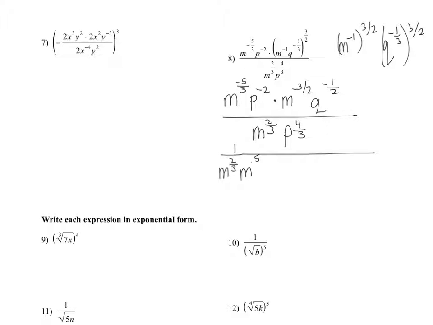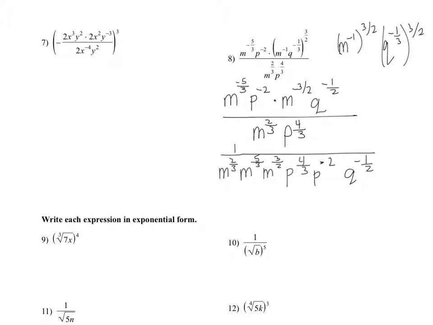M to the now positive 5/3, m to the positive 3/2. Okay. Now we have this p to the 4/3. What's it going to be joined with? This p to the negative 2 that I'm bringing down. Okay. And I'm also going to bring down this q to the negative 1/2.